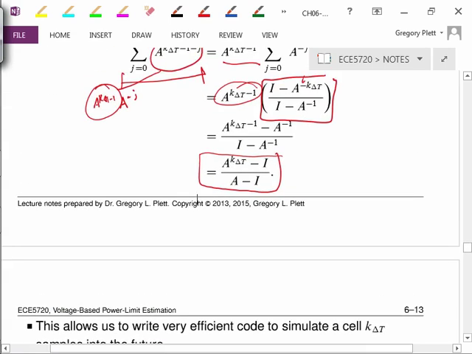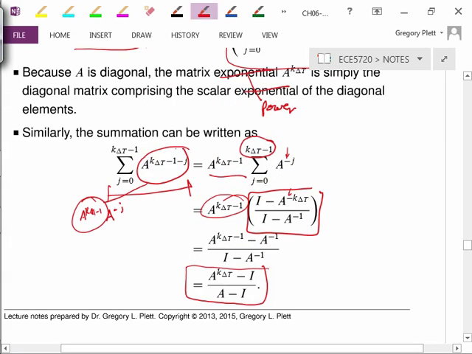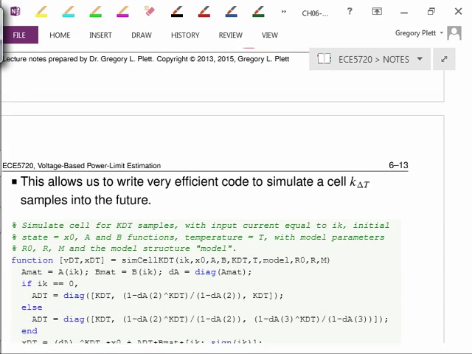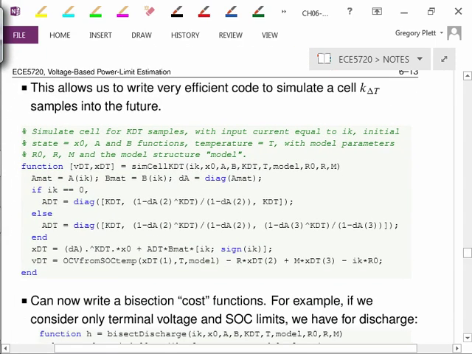But this summation started out looking kind of messy, but it ends up with a deterministic equation, which is not so messy. It's actually quite easy to evaluate, and it allows us to write quite efficient code. So I have code here, simcell kdt for k delta t seconds in the future, which returns the voltage and the state, delta t seconds, or delta t samples rather, into the future.